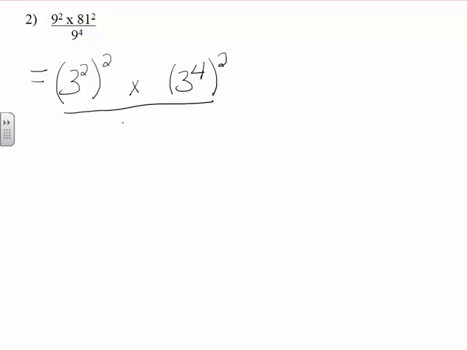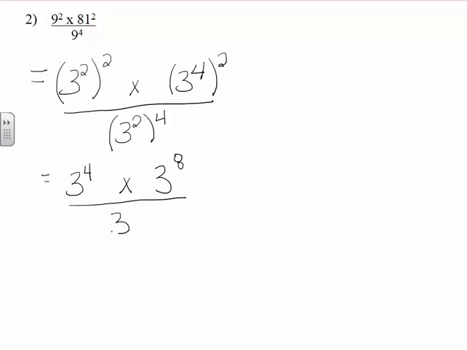And our base, 9, can be changed to 3 to the exponent 2 and still raised to the 4. Now we'll solve this using our power of a power rule for each of the terms. So it becomes 3 to the 4 times 3 to the 8, all divided by 3 to the 8.